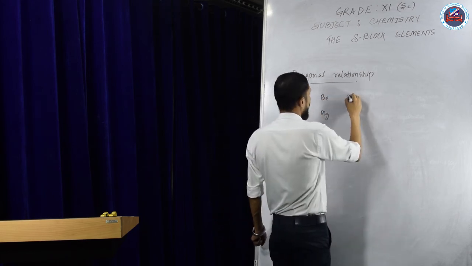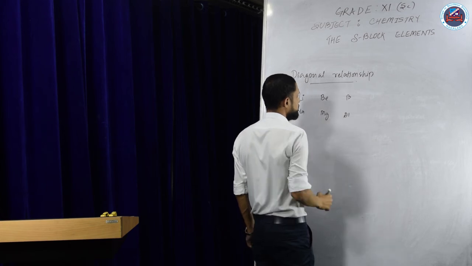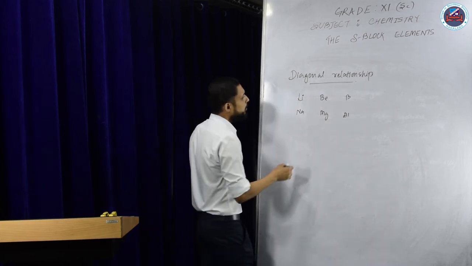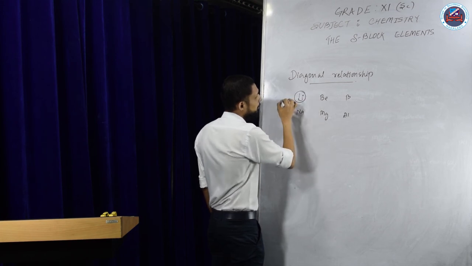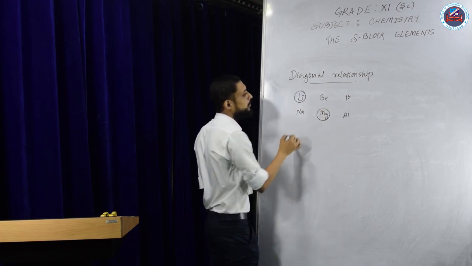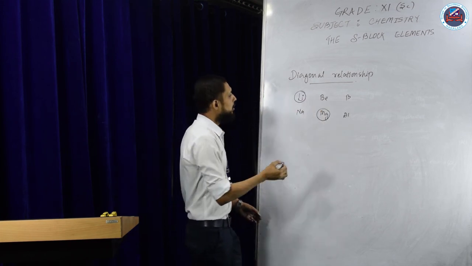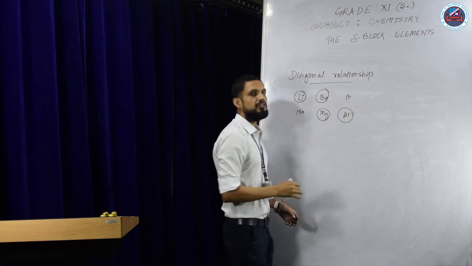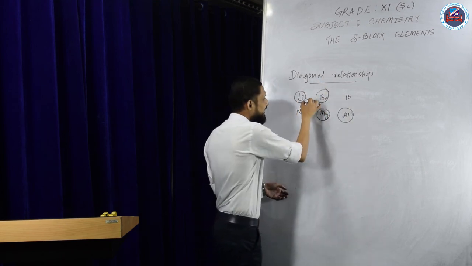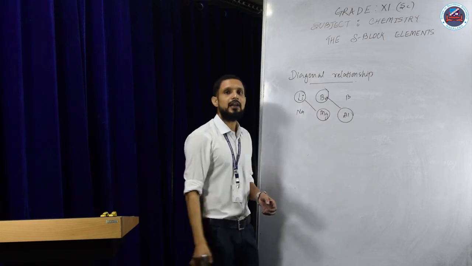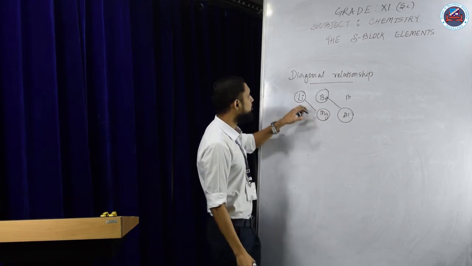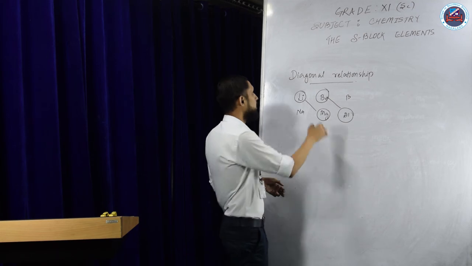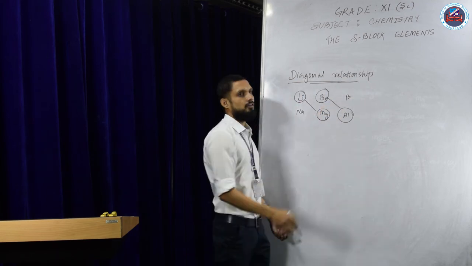In the third group we have boron and aluminum, and so on. Now it's found that the properties of lithium and magnesium are similar. Properties of beryllium and aluminum are similar. And how are they related? They are placed diagonally. So this relationship between lithium and magnesium, beryllium and aluminum is known as diagonal relationship.